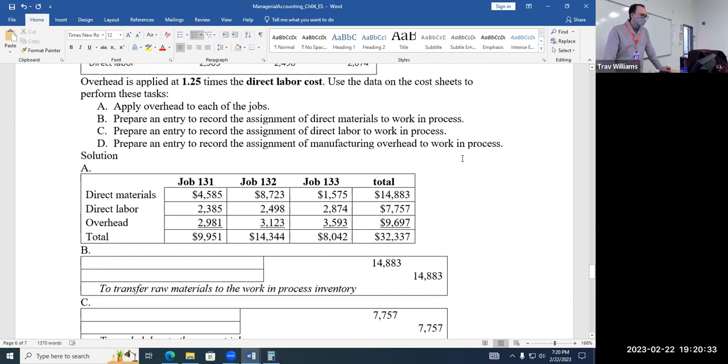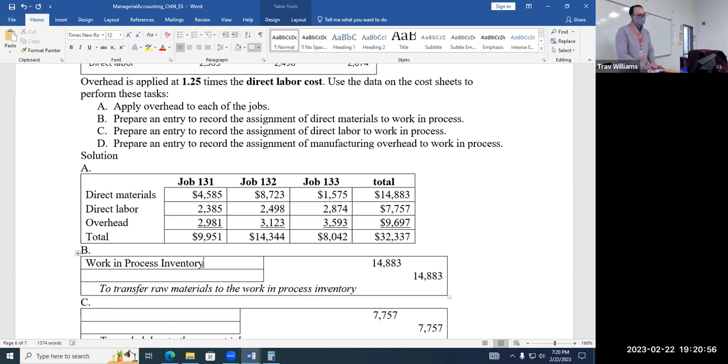Now we do our journal entry. So for B, we need to record the assignment of direct materials to work in process. Okay, we see the total direct materials cost here, 14,883. It's going into work in process inventory.